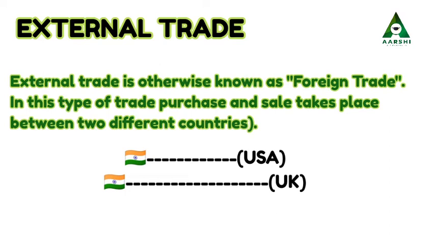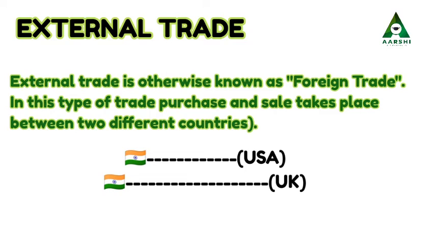Thereafter, this external trade or foreign trade may be import trade or export trade. Now, what is import trade and what is export trade? So, import trade means what? When our country used to purchase goods and services from other country, means our country is the purchaser party or buyer party and the foreign country is the seller party.